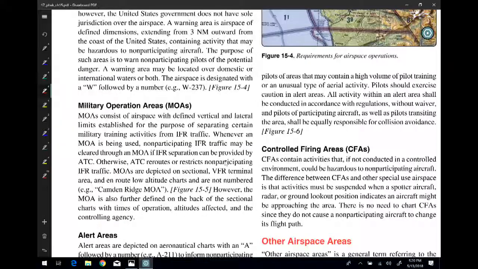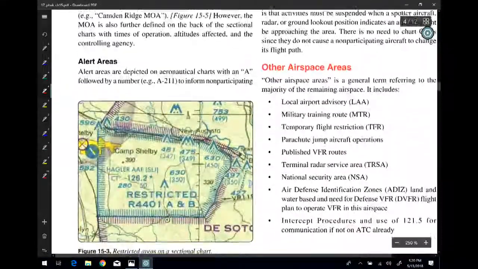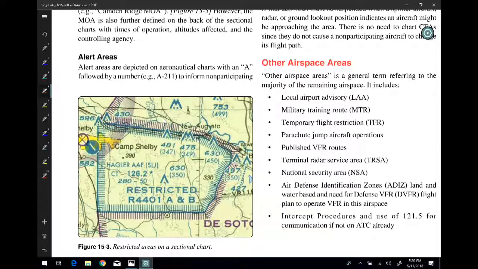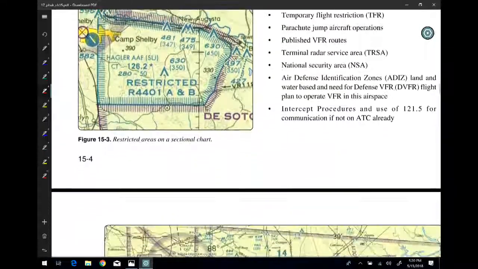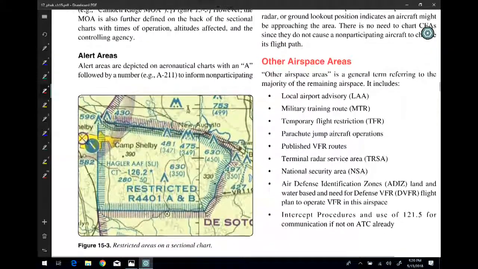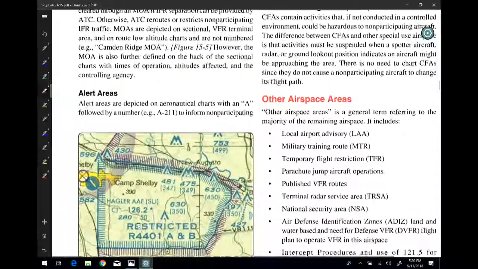So there's that. Alert areas. You'll see alert areas on maps here. Here's an example of a restricted area down here. So you're going to see alert areas. Do they have an example of an alert area? I'm not sure. I don't see that here.